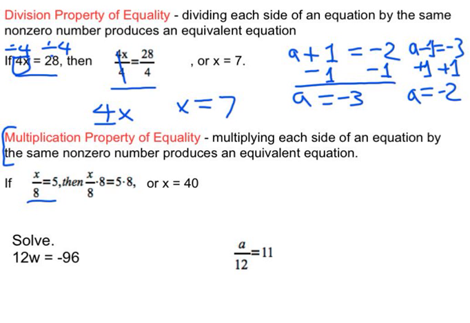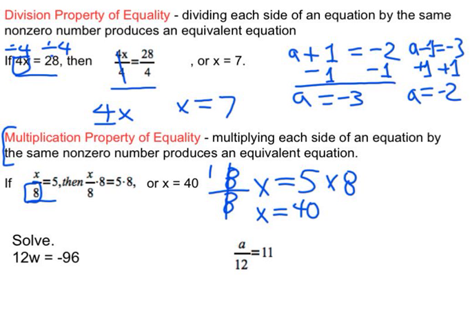So what you're going to do is multiply each side by the number that x is being divided by, which is 8. And when you do that, you end up with 8 over 8 times x. So basically this cancels out into 1, and that's what you're trying to do. But that's now going to be equal to 5 times 8, because I've just multiplied both sides of the equation by 8. So x is then going to be equal to 40.